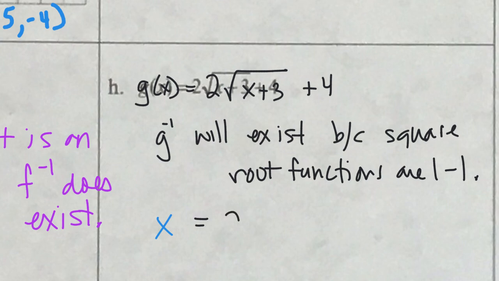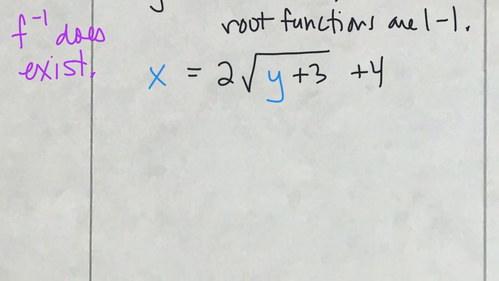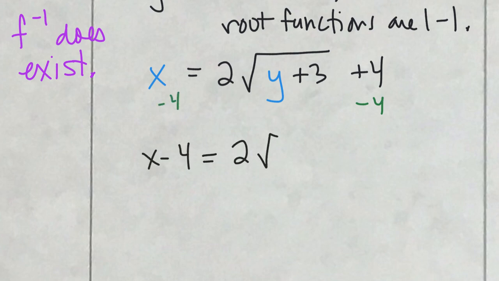So x equals 2 times the square root of y plus 3, plus 4. We'll do the easy algebra first, which is subtracting 4 from both sides. So x minus 4 equals 2 root y plus 3. And then the second easiest is dividing by 2.